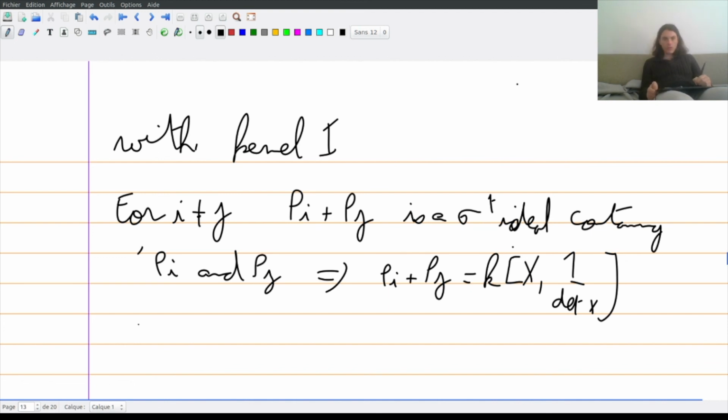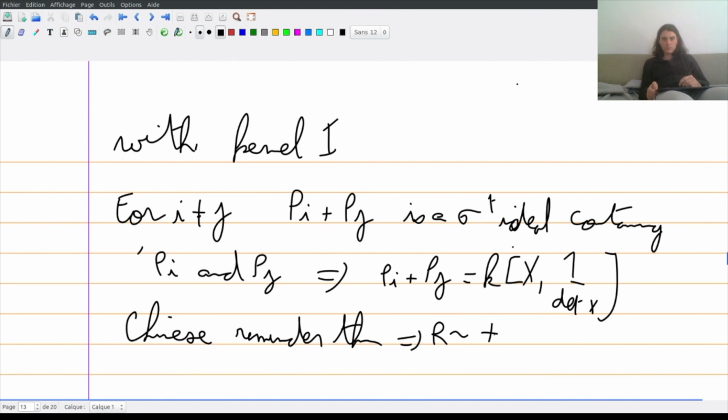So the Chinese remainder theorem implies that R is the direct sum of the Ri rings.